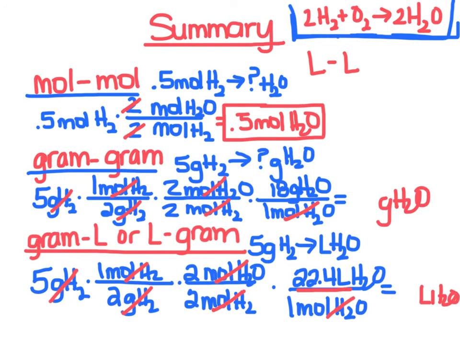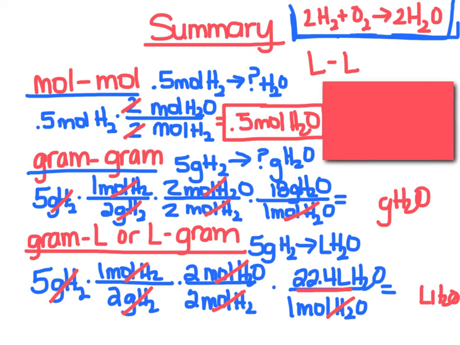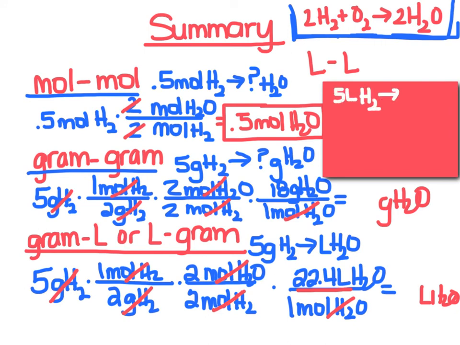Our final type, up in the corner here, was our liter to liter equation. So I'm going to make a little space here. So let's say that you were told that you were starting with 5 liters of hydrogen gas at standard temperature and pressure, and you wanted to know how many liters of water would be made.